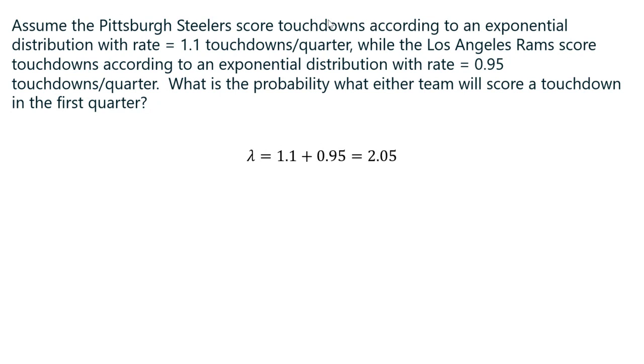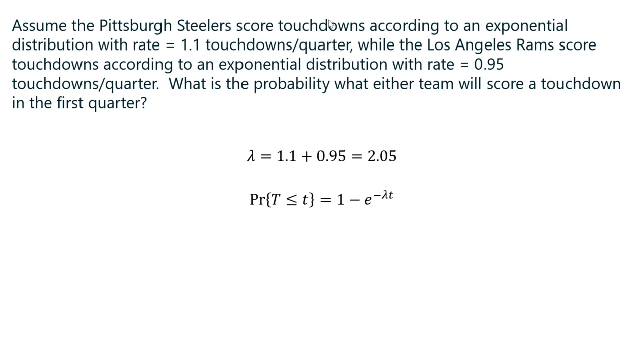Hopefully that's an accurate way to describe it. To do that, you add the lambdas together and create this third exponentially distributed random variable. So the new lambda is 1.1 plus 0.95, which is 2.05.